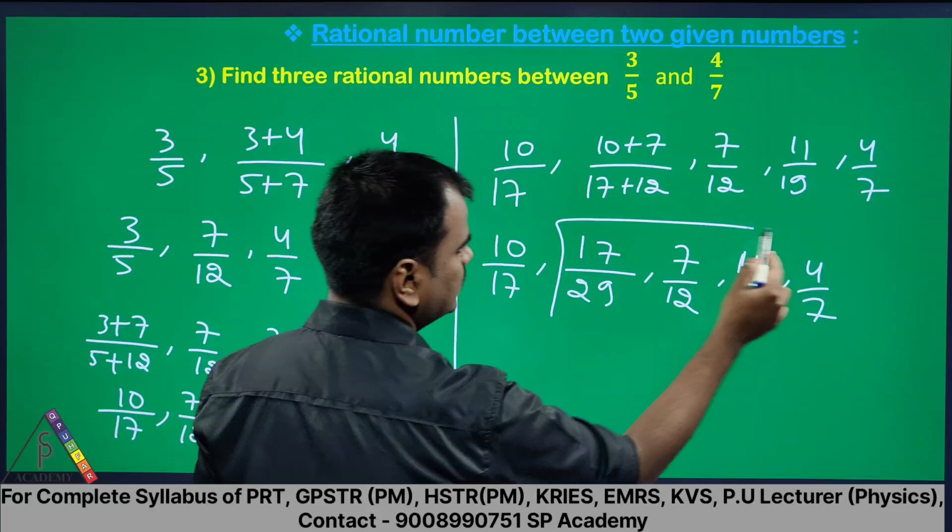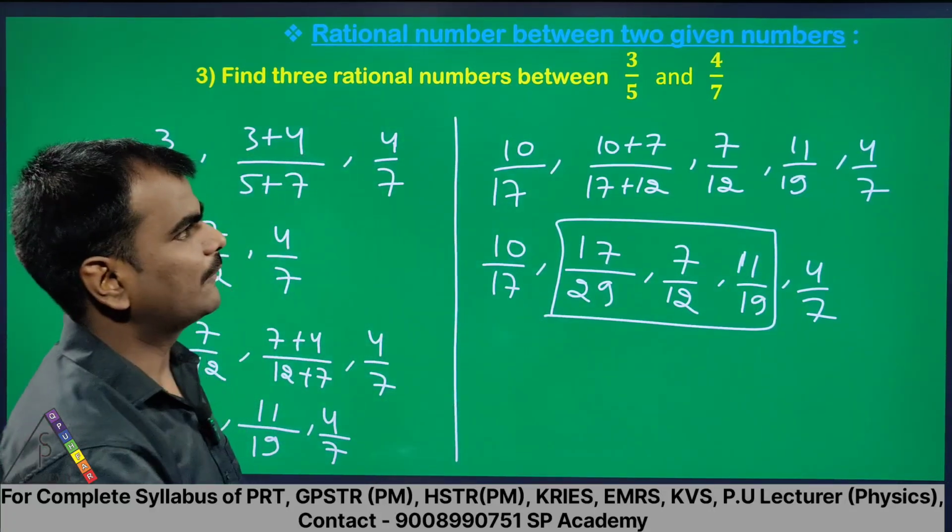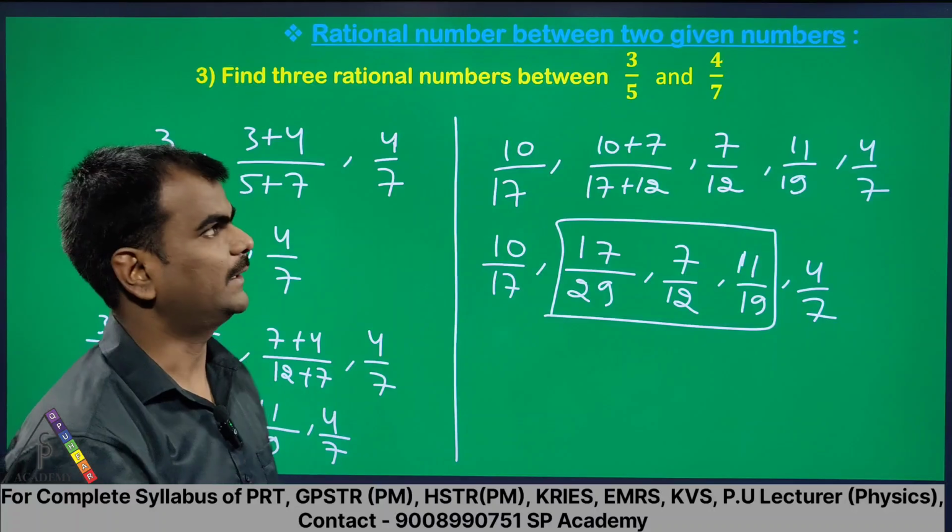Therefore these are the three rational numbers between 3 by 5 and 4 by 7: 17 by 29, 7 by 12 and 11 by 19 with 4 by 7.